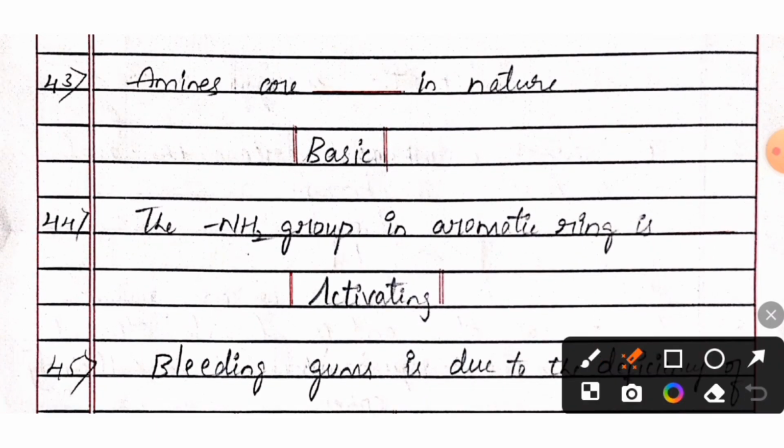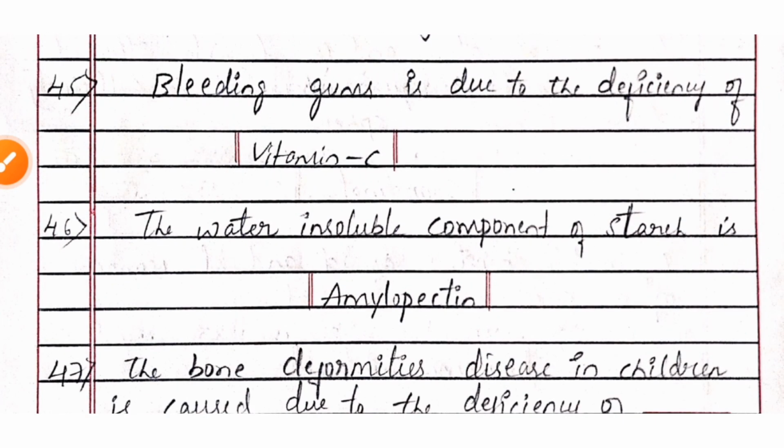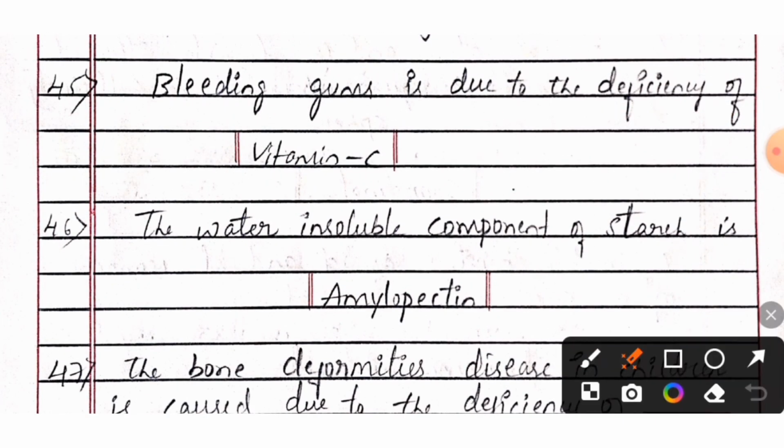Amines are dash in nature, basic. The NH2 group in aromatic ring is activating. Bleeding gums is due to the deficiency of vitamin C. The water insoluble component of starch is amylopectin.